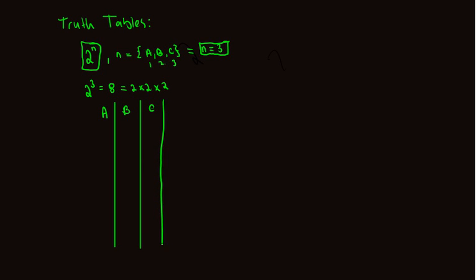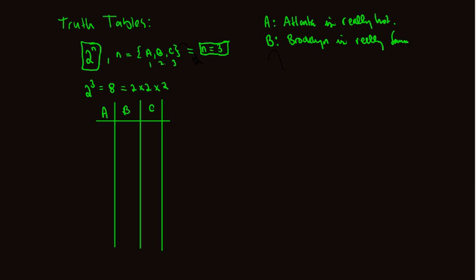And these all have various meanings, but we'll just assign them. A, the meaning: Atlanta is really hot. I don't know what that means. B, we'll say Brooklyn is really famous, right?